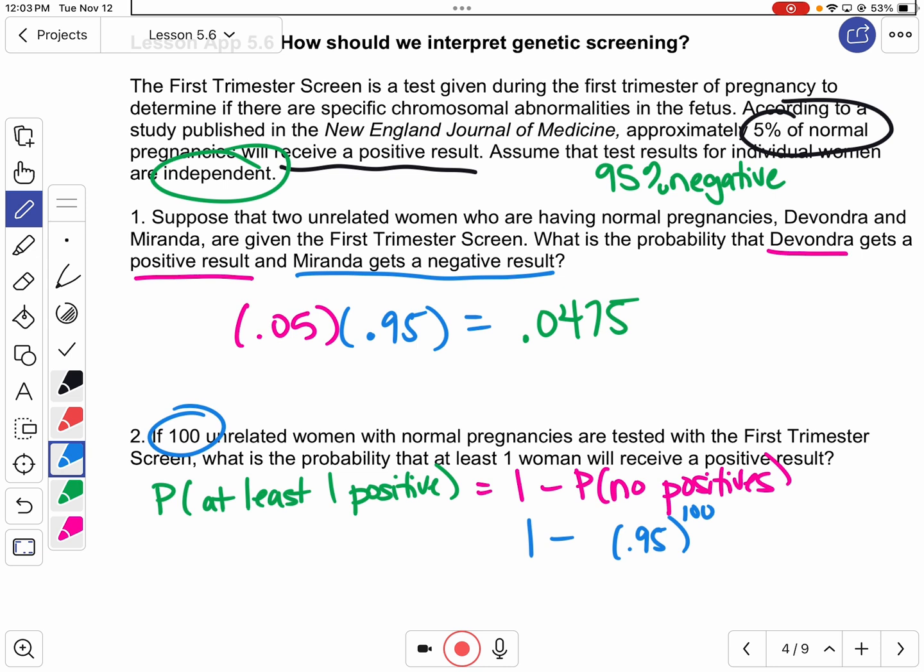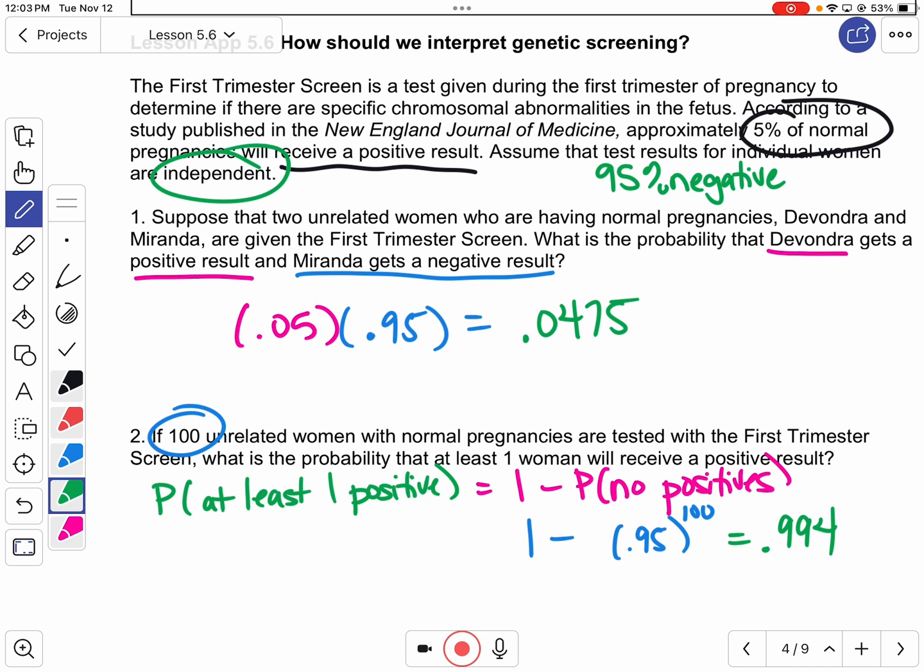So 1 minus 0.95 to the 100th. See if you get 0.994. So if they tell me how many people, we're going to take that probability and raise it to that power.